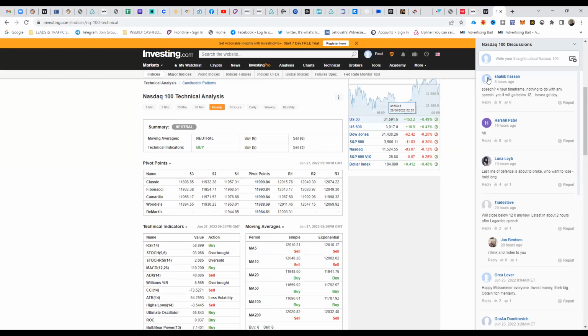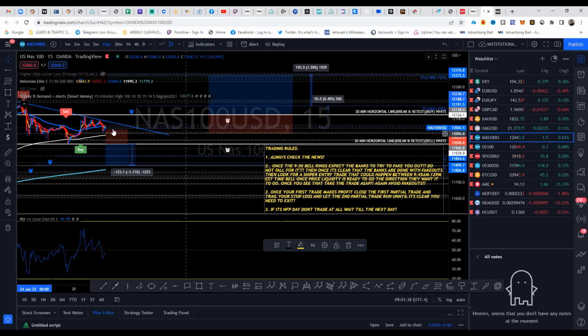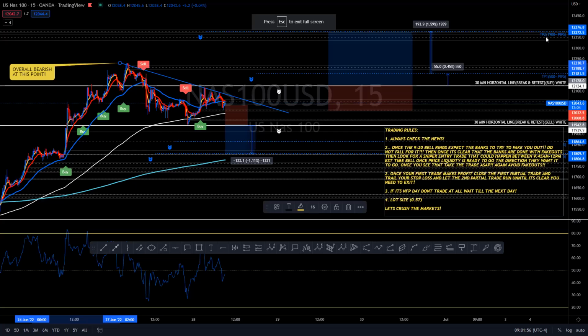So basically that lets us know there's consolidation, but soon we're going to figure out exactly where price is going to go. I'm thinking it's overall bearish, but I see that price is respecting this 200 EMA. So it may buy up, but we're going to have to wait and see.